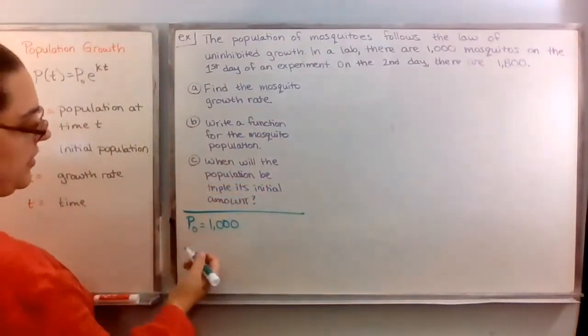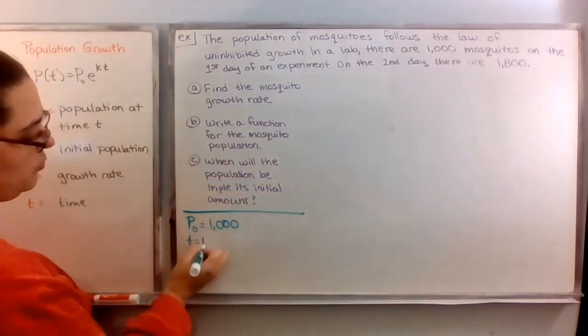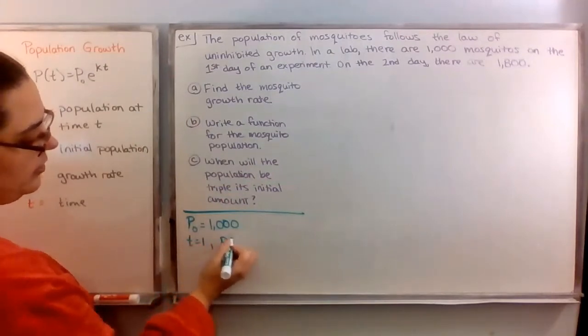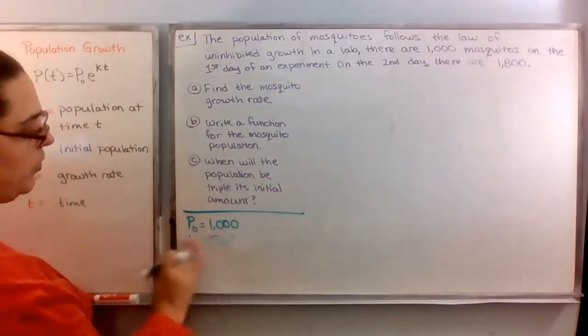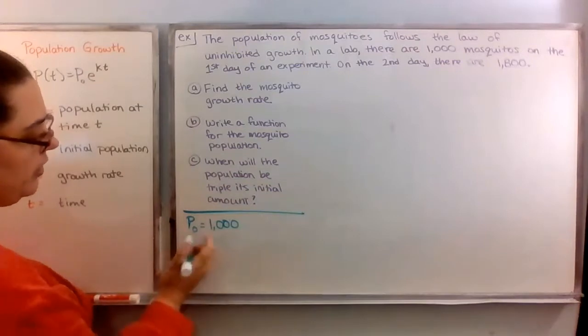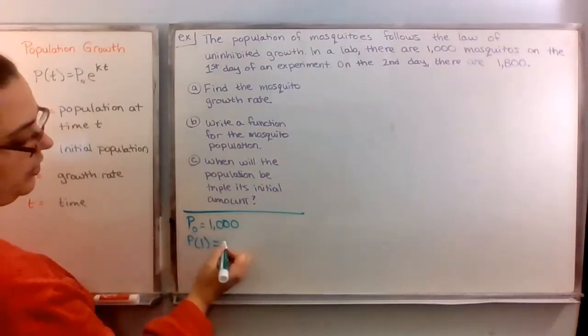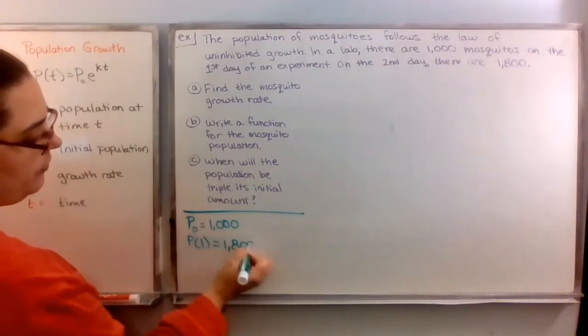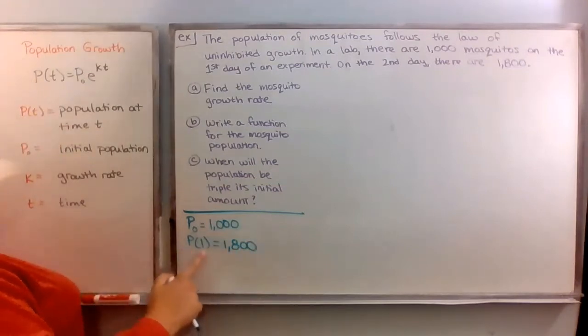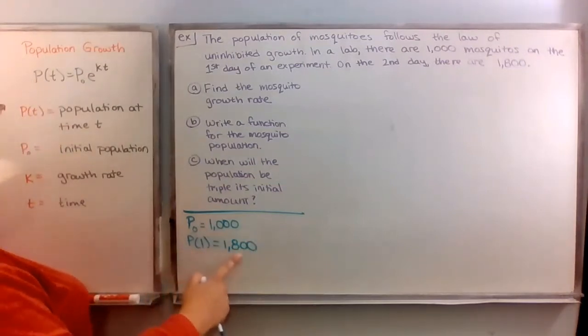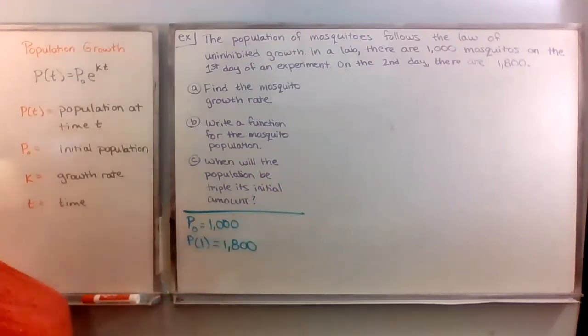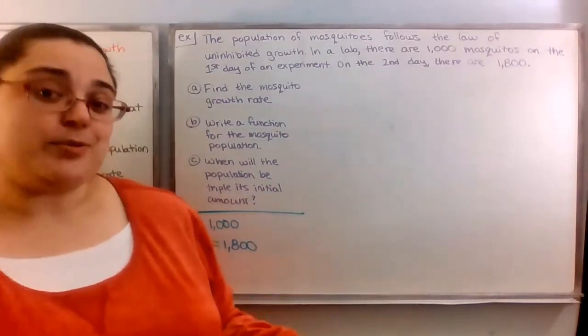You can represent this by saying P of 1. That would be the best way to put it, I think. So P of 1 is going to equal 1,800. So the population at time 1 day later is 1,800. I like that idea. So that's what we know.